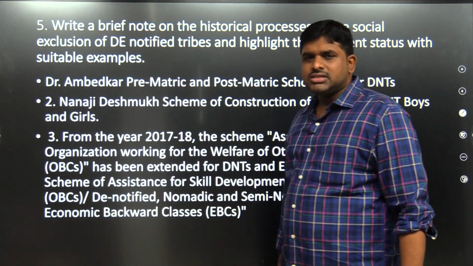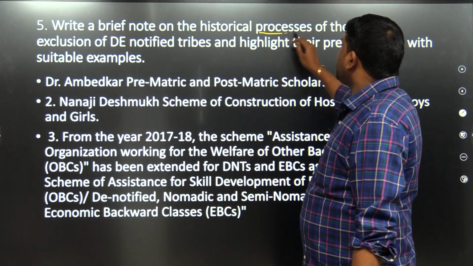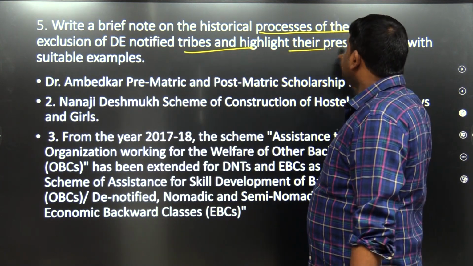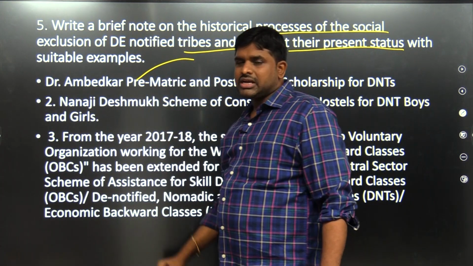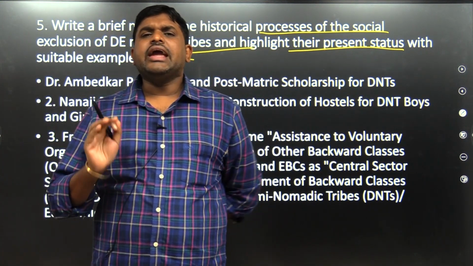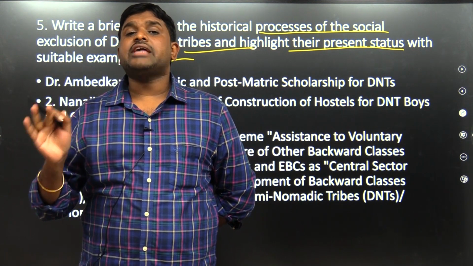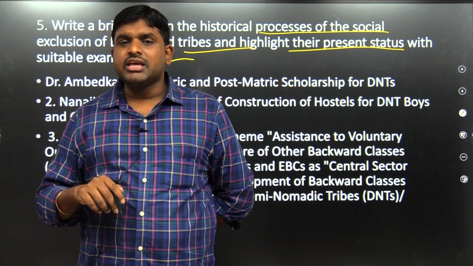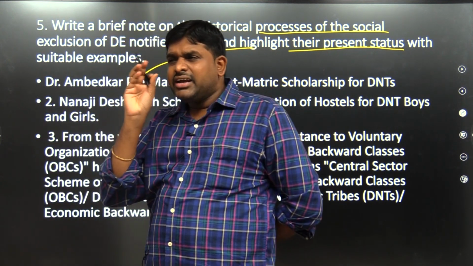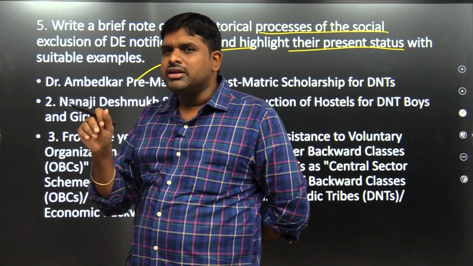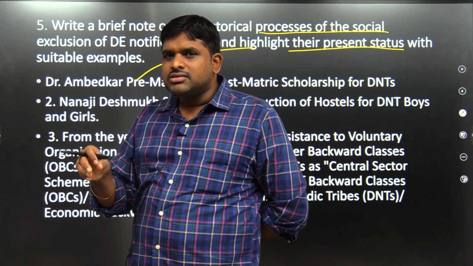Then the next question is, write a brief note on the historical process of social exclusion of denotified tribes and highlight their present status with suitable examples. See, in 1871, the Criminal Tribes Act, called the CTA, came into existence and identified some tribal communities as criminal communities, or denotified communities.